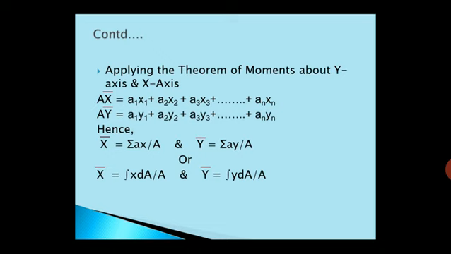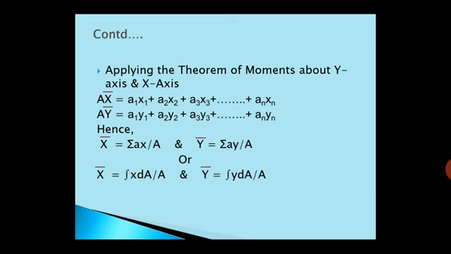So in the below formula, if we cross multiply, summation of Ax is nothing but A1x1, A2x2, so on. A is shifted to the right hand side, it goes to the denominator, and we get the formula for x bar as summation of Ax divided by A, where summation of Ax is A1x1 plus A2x2 plus A3x3 and so on, whereas capital A is the summation of entire area or the total area.